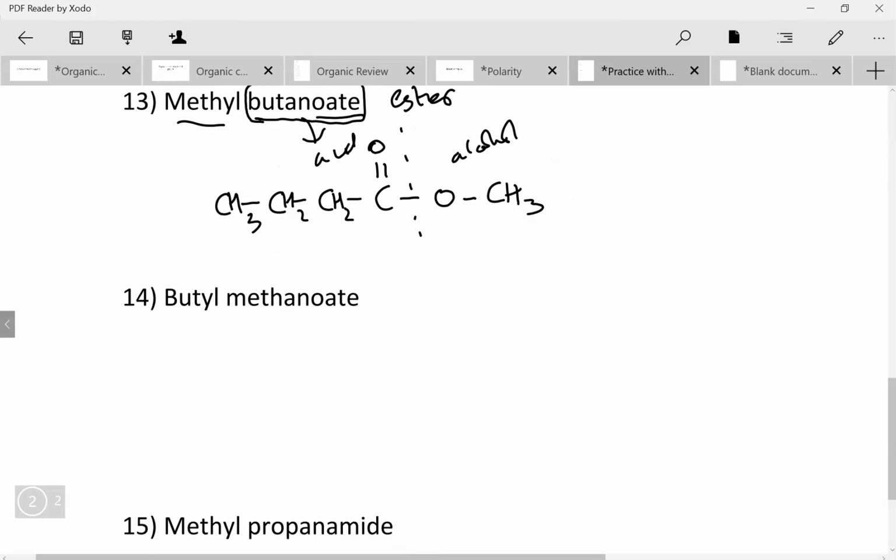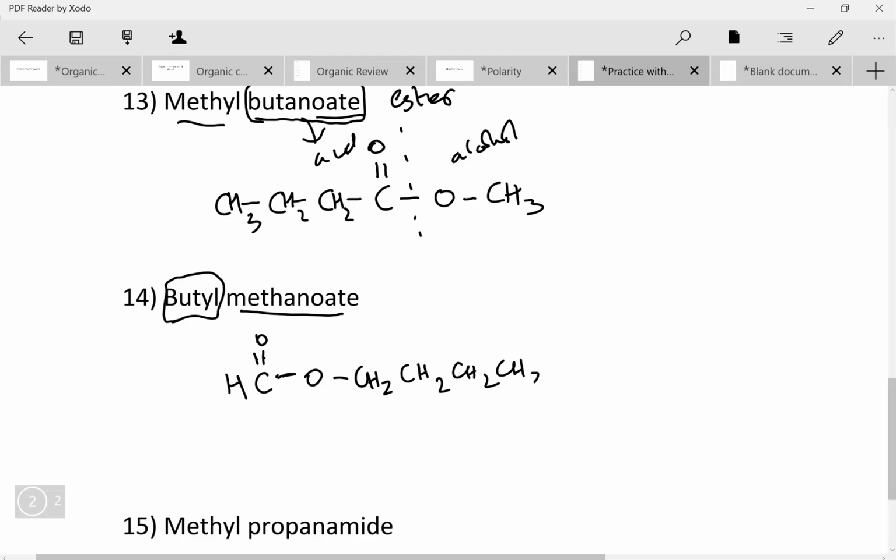Here again, start with the acid. We have methanoate, so that's 1 carbon with the acid functional group. This has 3 bonds, so to complete our hydrogens, we have to add 1 hydrogen. And then I have to add a butyl, which came from my alcohol, so I put the O, and then the CH2, CH2, CH2, CH3 comes after.